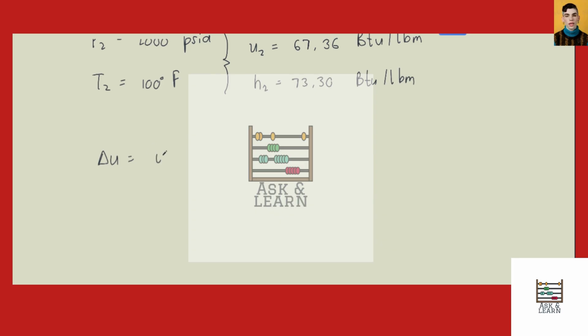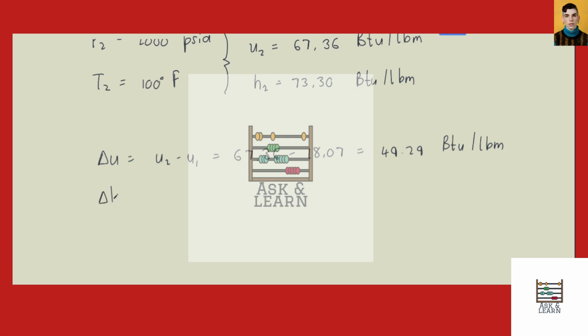And so now we can find the change in internal energy using this method. Delta U is equal to U2 minus U1, and that's 67.36 minus 18.07. And we get the change in internal energy to be 49.29 BTU per pound.